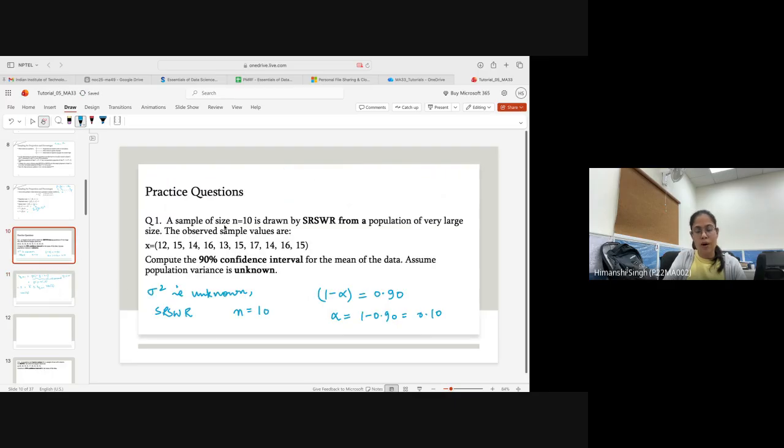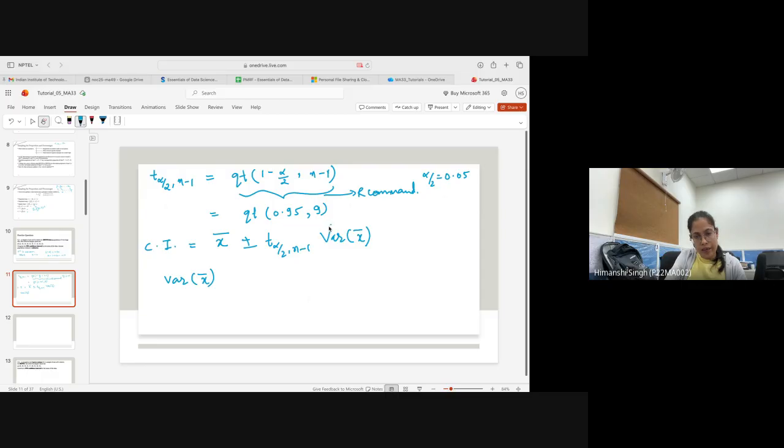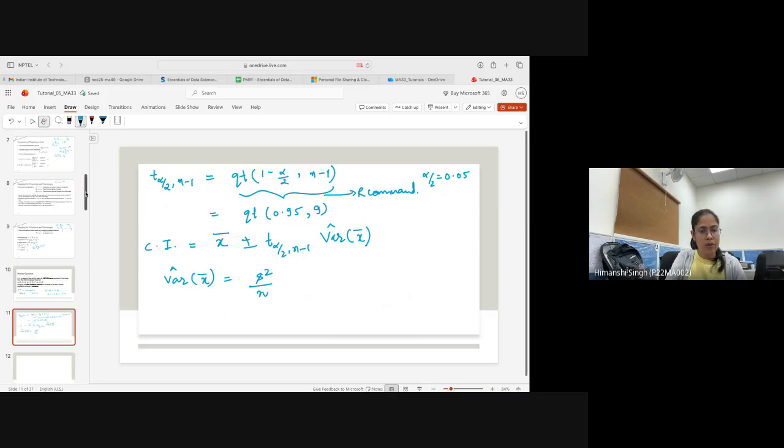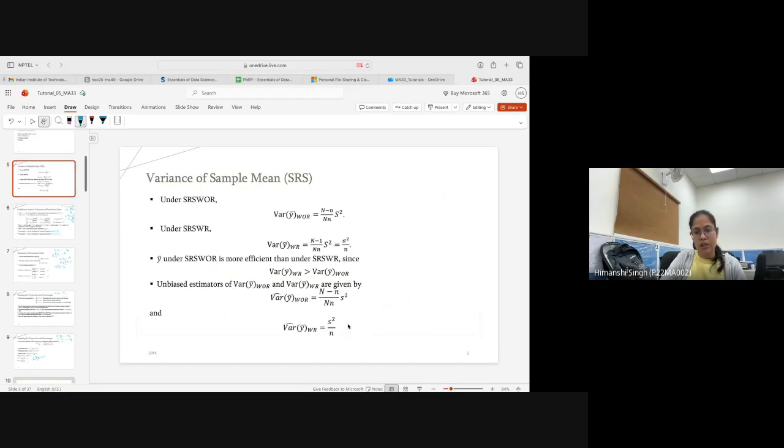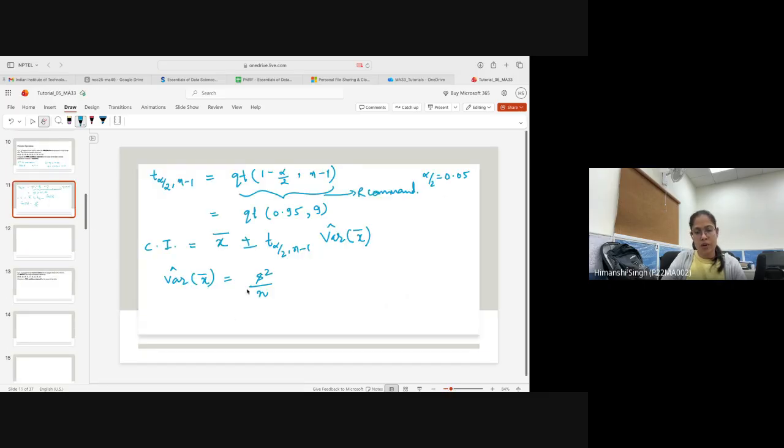We do not know the population variance, so we will take the estimate of it. We know that the estimate of the variance of x bar is small s square by n, because in the previous questions we saw that with the replacement technique it is small s square by n.